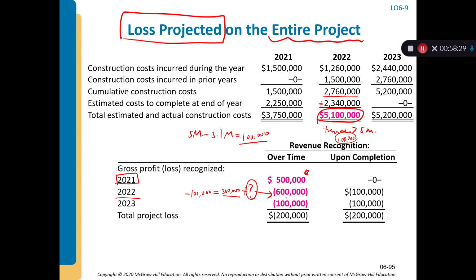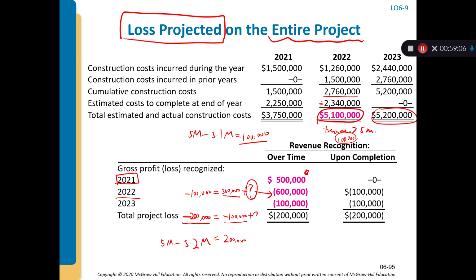And in year two, we know that we have a total loss of 5 million minus 5.2 million, right? The total cost is 5.2 million, so that means we lose $200,000. So we know that in total we're going to lose 200,000, and we have recognized 100,000 already as of this date, right?